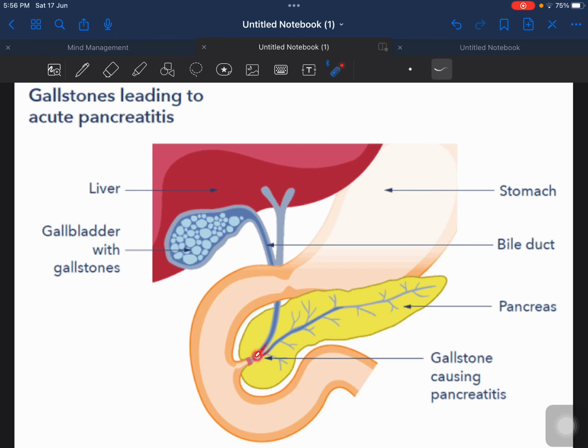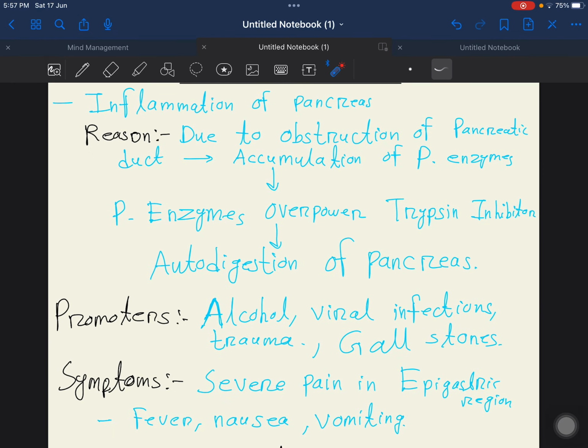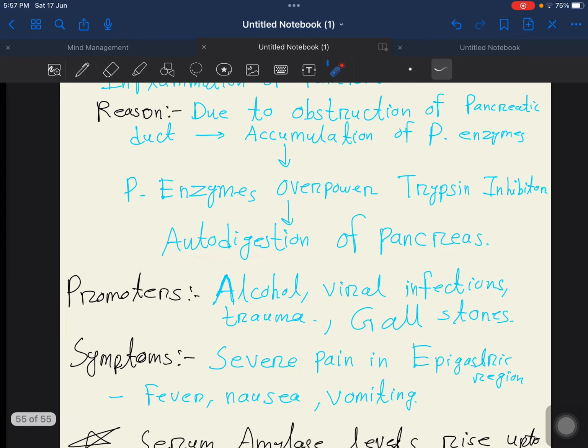So this obstruction by the gallstones can cause pancreatitis, and the mechanism I have already explained you, that how the accumulation can cause the damage to the pancreas, right?